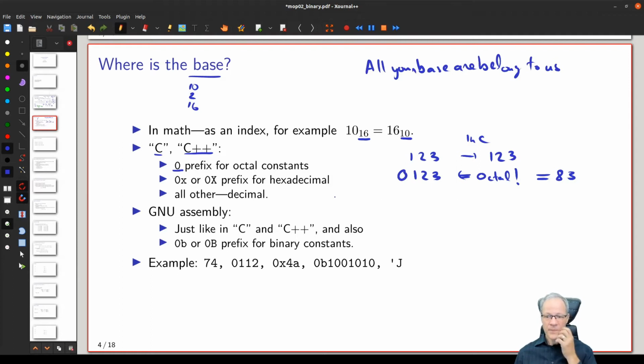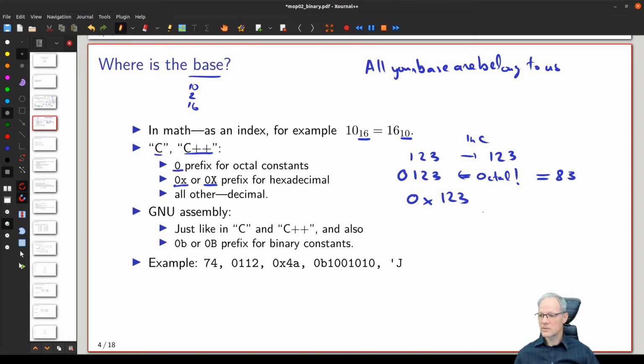Now, if we are to write a hexadecimal, then we're going to start with 0 and x. And it doesn't matter, lowercase or capital, I suppose, right? So if I'm writing 0x123, then we need to calculate to see what the value is, all right?